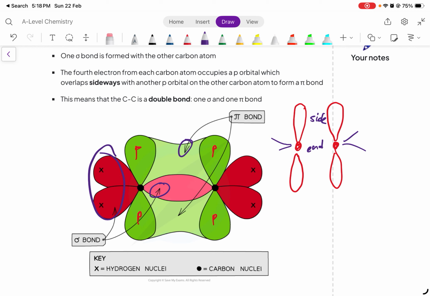So between carbon and carbon they will have a sigma, and also carbon and hydrogen they will have a sigma. Otherwise, both the p orbitals will be in a pi bond, as long as it's sideways.